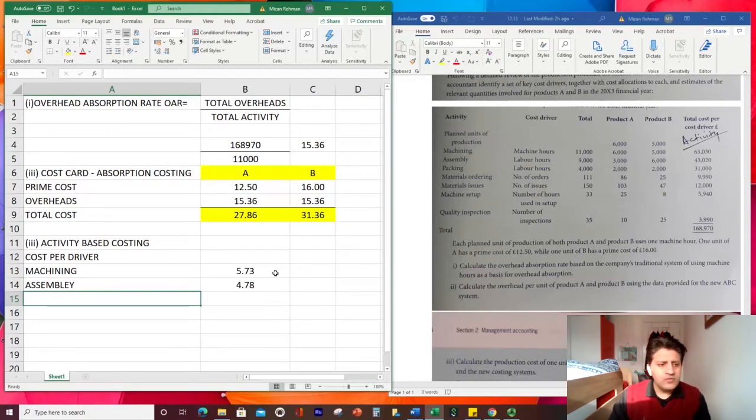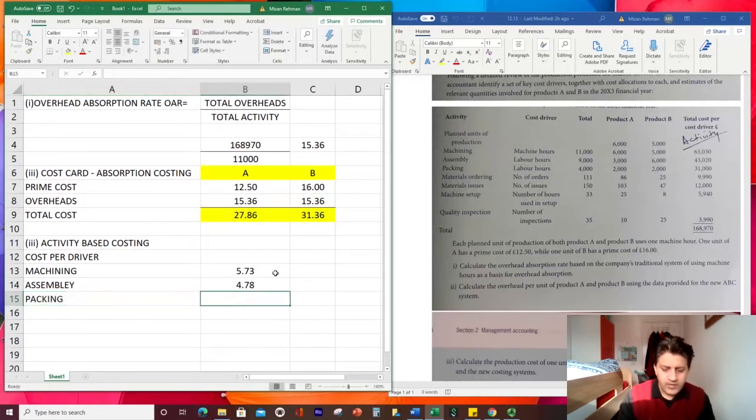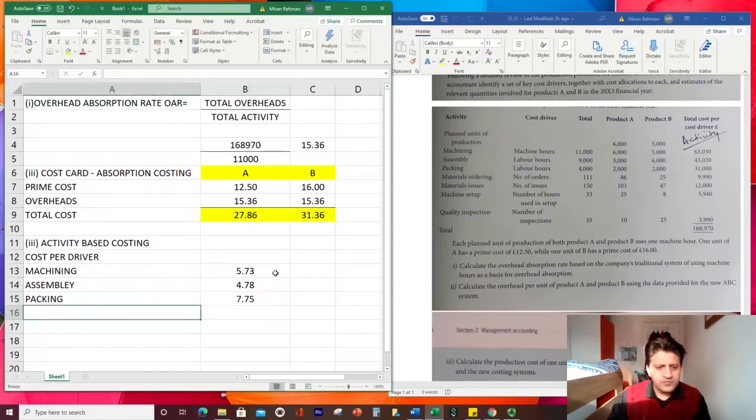Then we have packing. The total cost for packing is 31,000. The drivers are labor hours, which are 4,000 in total. So that's the rate per driver for packing.